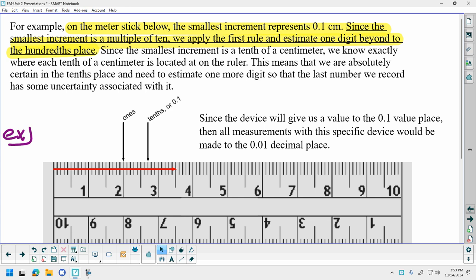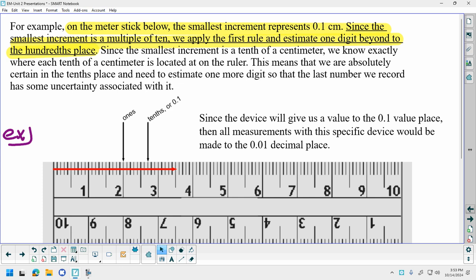So for example, we have a centimeter ruler depicted on the screen. When we take a look at it, we can see we're counting up by whole numbers of centimeters, 1, 2, 3, 4. But then in between each of those, we've got 10 little markings showing that our scale here is to 0.1 centimeters. Every line on the centimeter ruler goes up by 0.1.